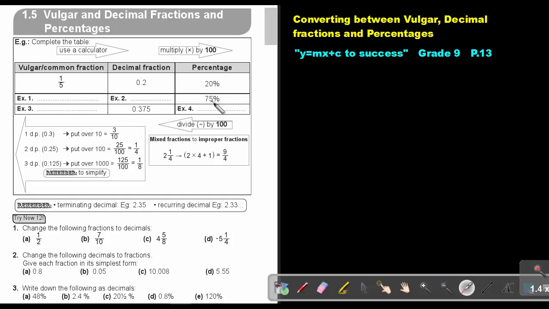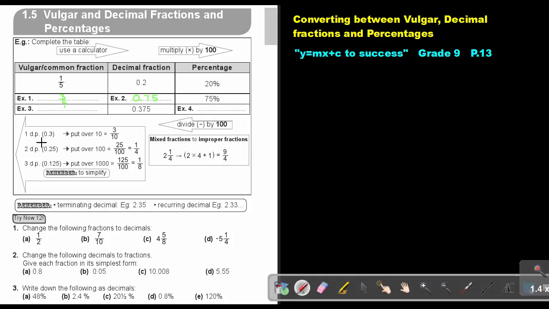Okay, let's look at this table. If I want to complete this table, if I have 75%, I can just say 75 divide 100, and that will give me 0.75. And then if I want a fraction, I put 75 over 100, and if I simplify it I will get 3 over 4.